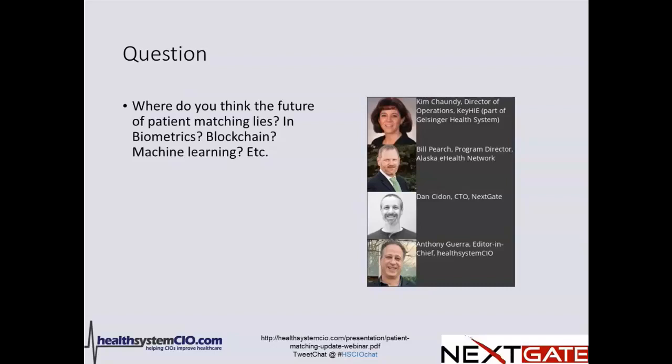And with all the technologies that are available, as far as determining your location and placing identity information into your phone, I think that could certainly streamline the registration process and really at some point get us to that 100% mark of matching, because your identity is essentially stored on your phone and you're transmitting that.